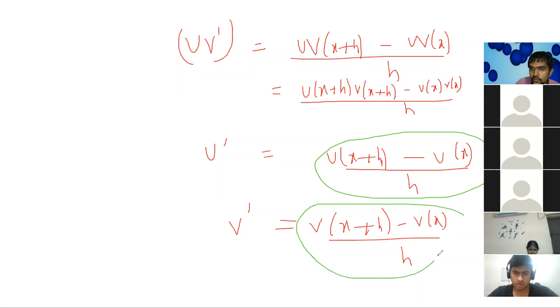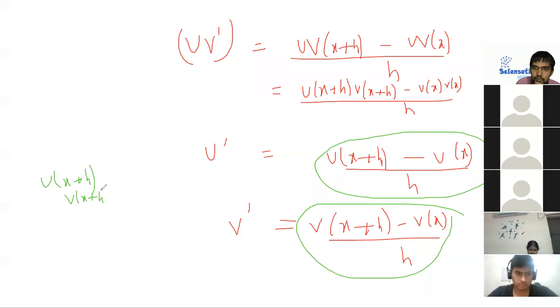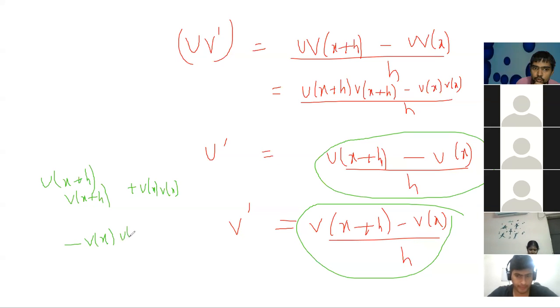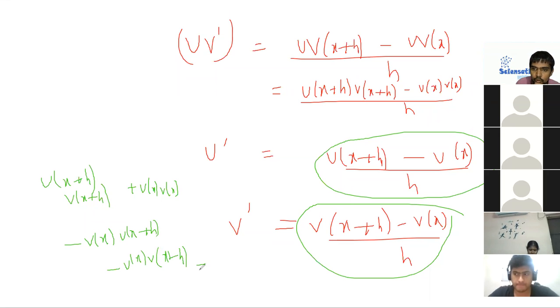I'll get u of x plus h into v of x plus h plus u of x, v of x minus v of x into u of x plus h minus u of x into v of x plus h. This whole thing is equal to h square into u dash v dash. I multiplied the numerators and sent the h square to the right side.